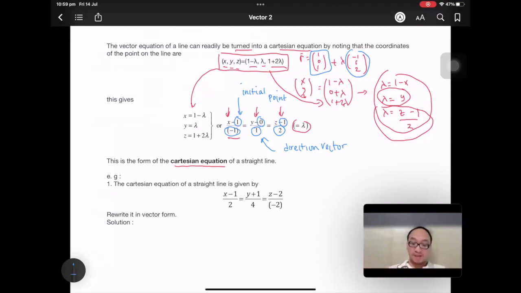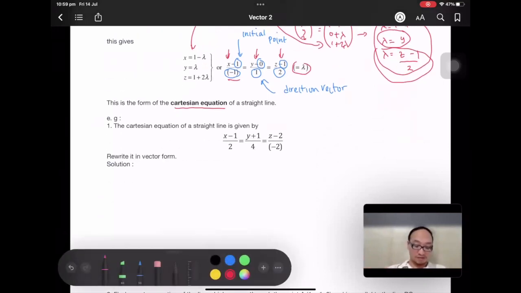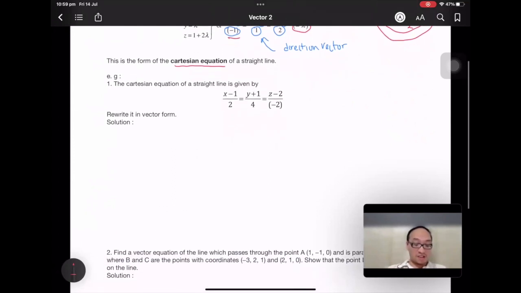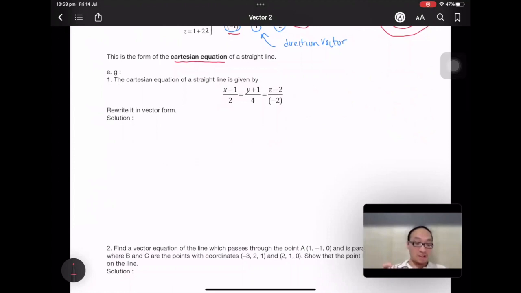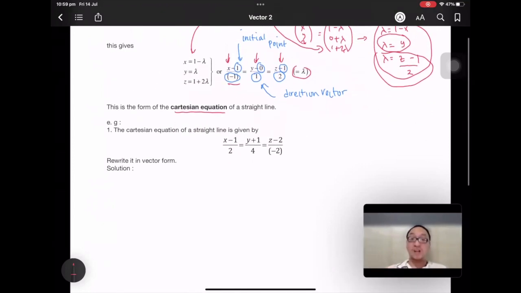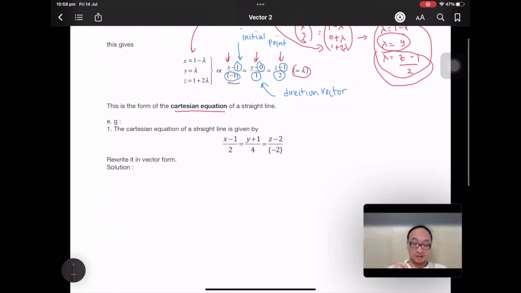So let's see the example. The Cartesian equation of the straight line is given; rewrite it in vector form. From the previous example, the top one is the initial point. So I can write r equals the initial coordinate, so it's 1, -1, and 2.